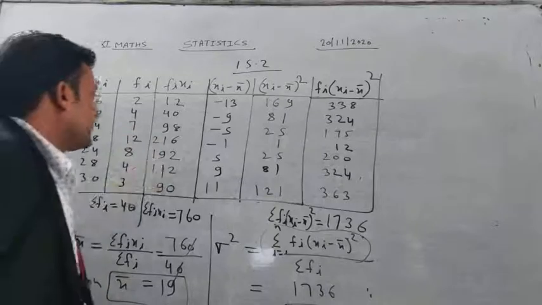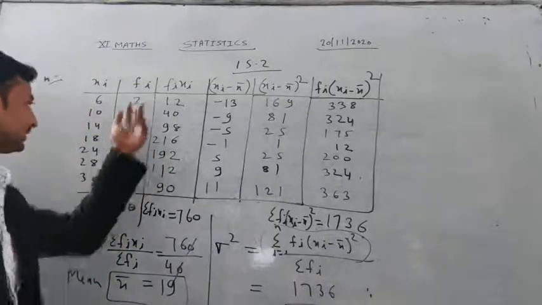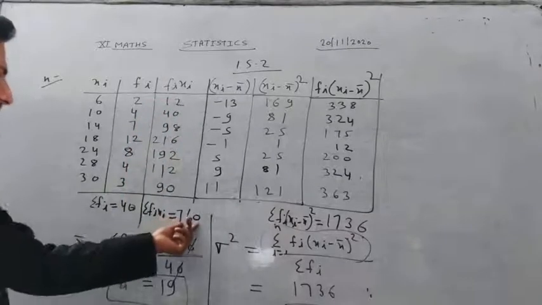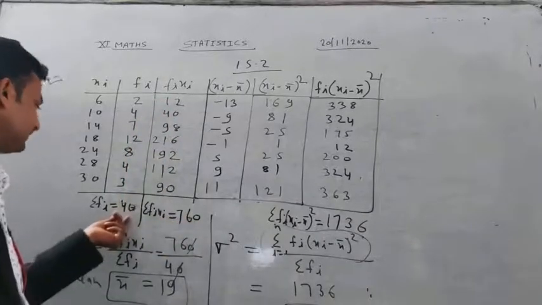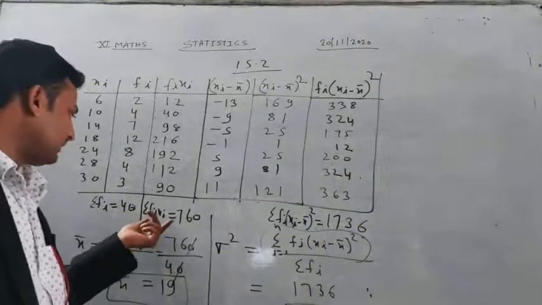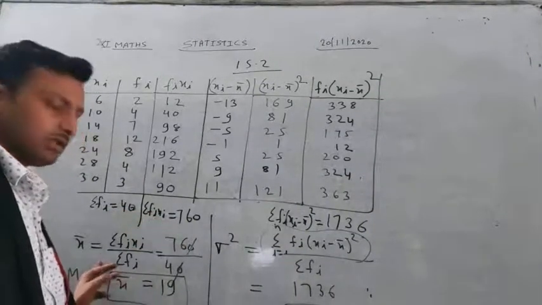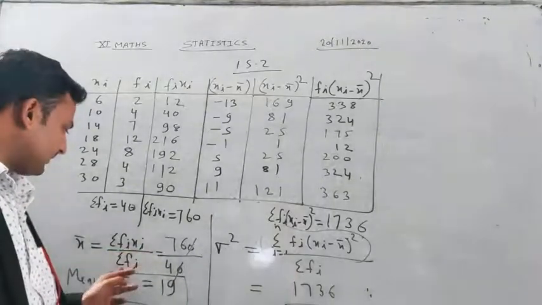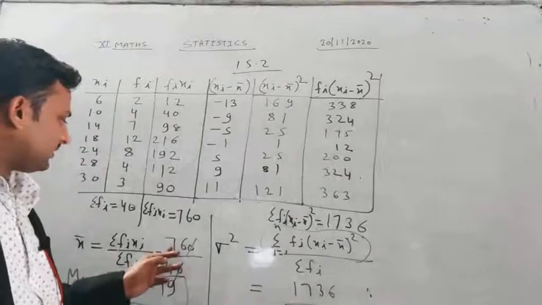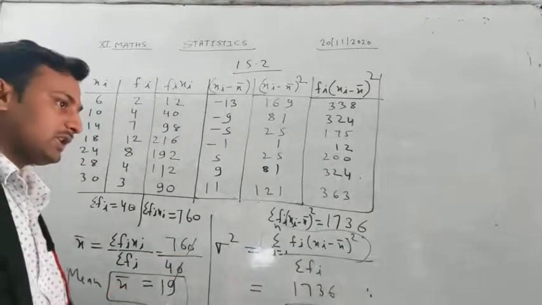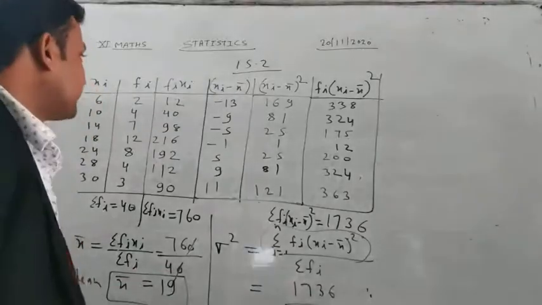Now we find the addition of this, we get 760, and the sum of frequency is 40. Now from these two we can find our mean. So our mean is summation fi xi by summation fi. So 760 by 40, and our mean is 19.